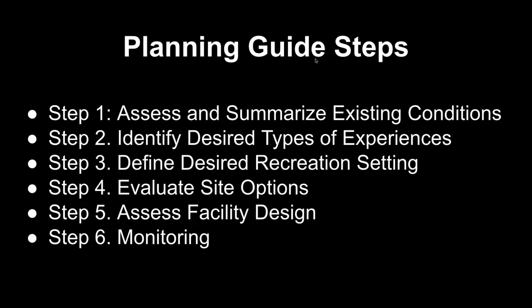We're going to focus on the first two steps. One of the things I have learned on a lot of projects is that many people want to jump to step 5, the facility design, and don't do the first four steps of really thinking about the types of experiences and the desired setting that you're trying to create.